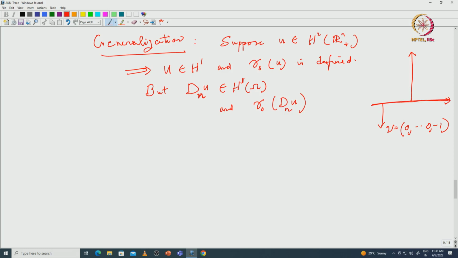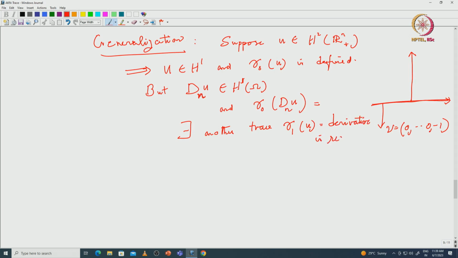In other words, there exists another trace map, trace gamma 1 of u, where the derivative is restricted.